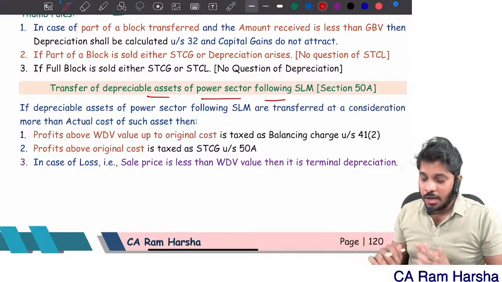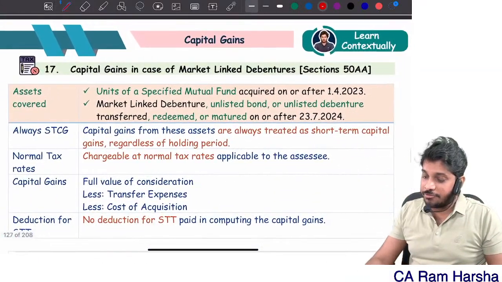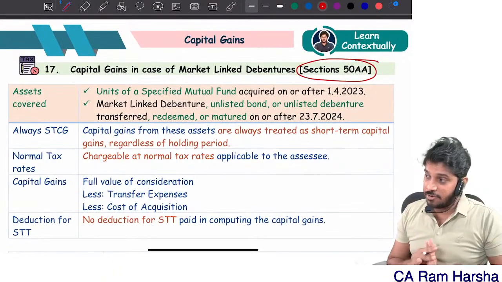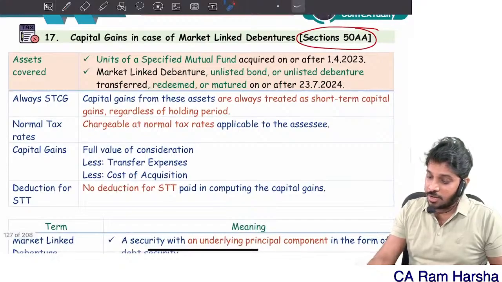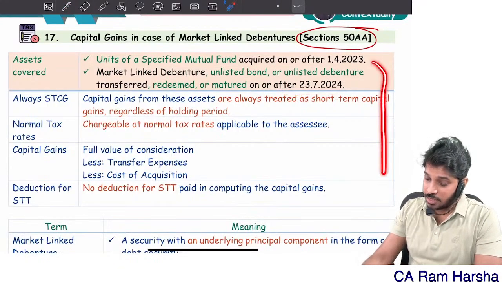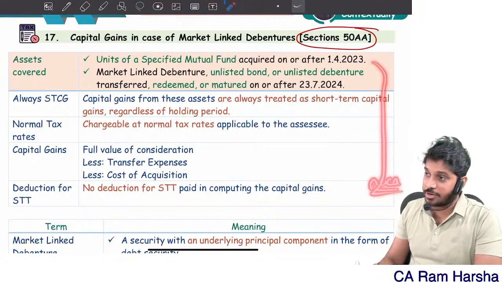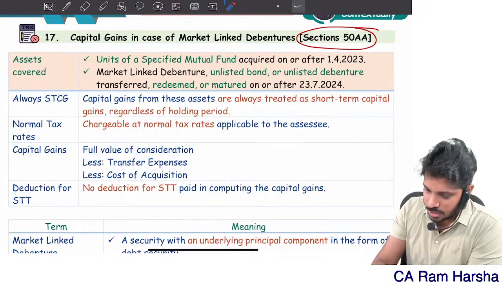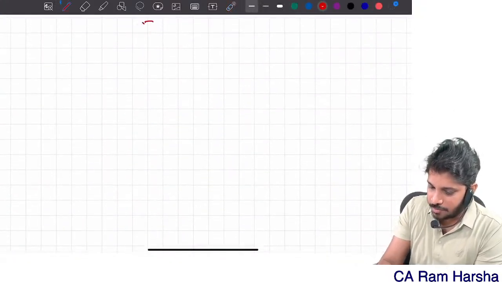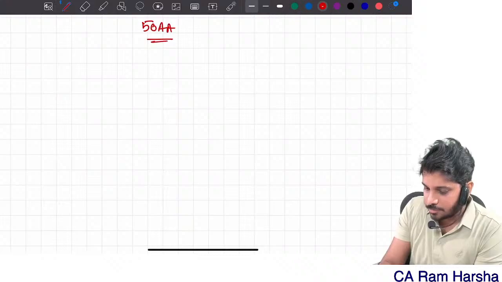Clear? Next. Then 50AA, most important amendment is there. 50AA amendment is applicable for May 25 exams for the first time. And I'm thinking there is a possibility of MCQ on this. What is 50AA?